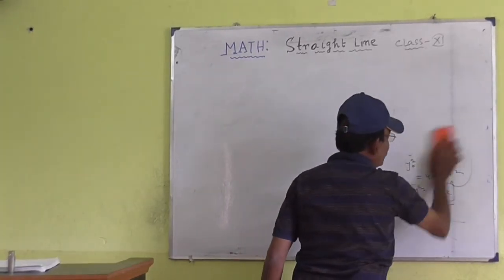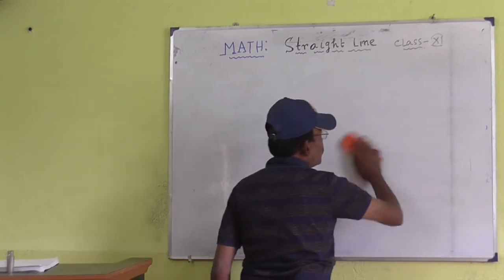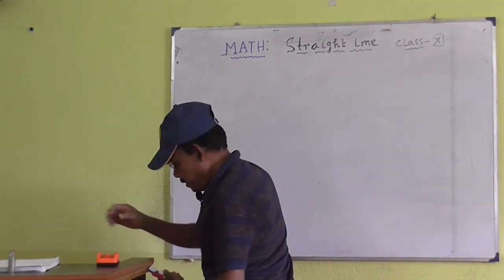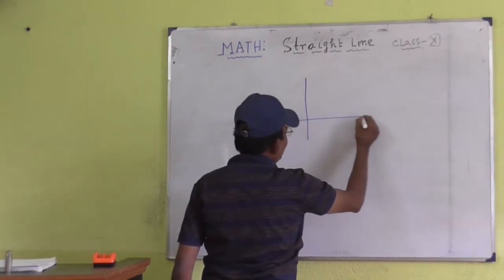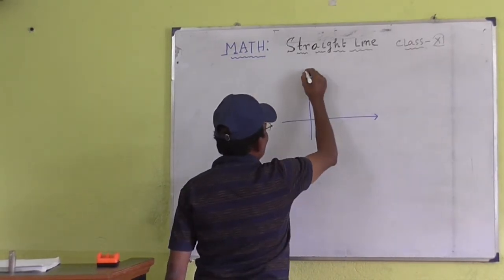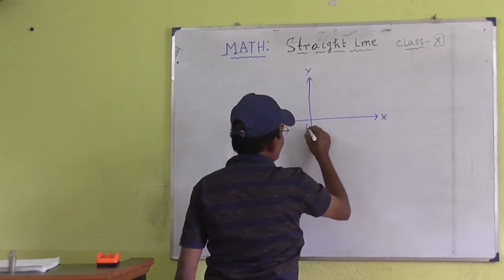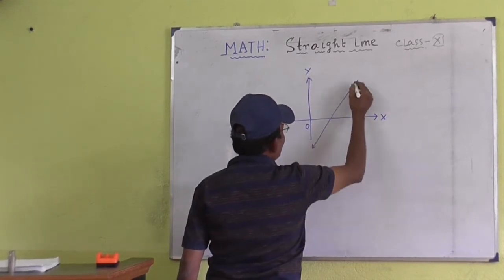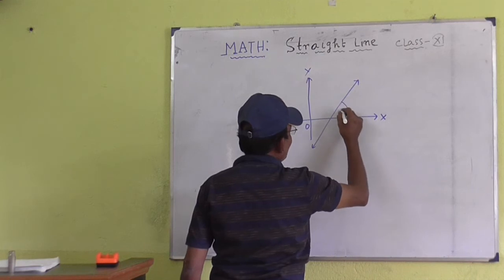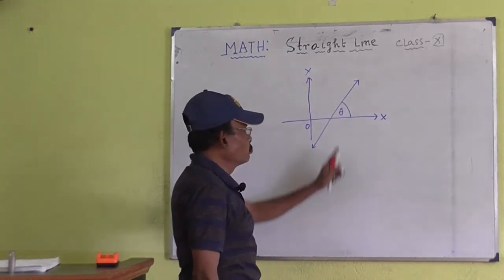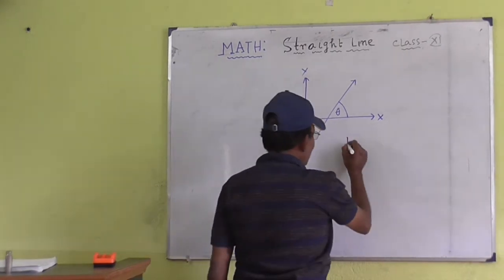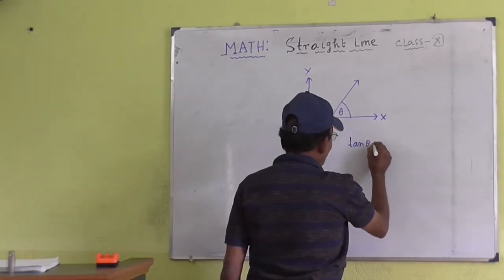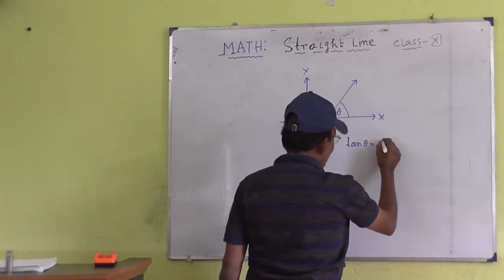Now, a line inclined this way makes an angle theta with the positive direction of the x axis, and tan theta be m.